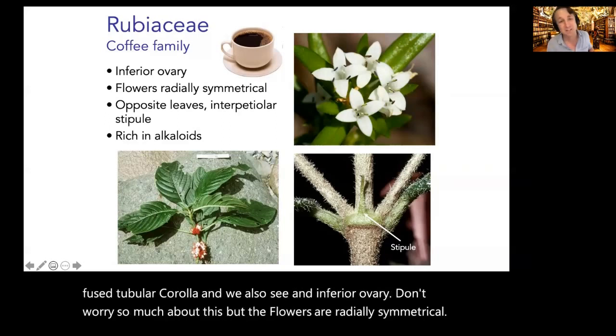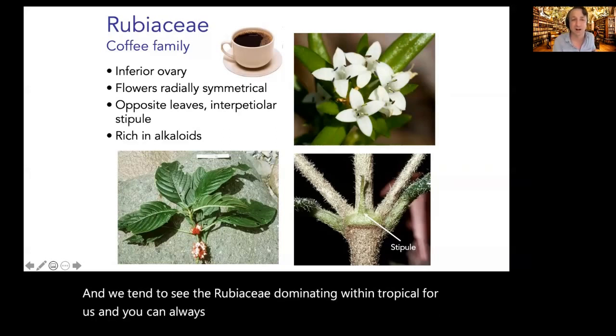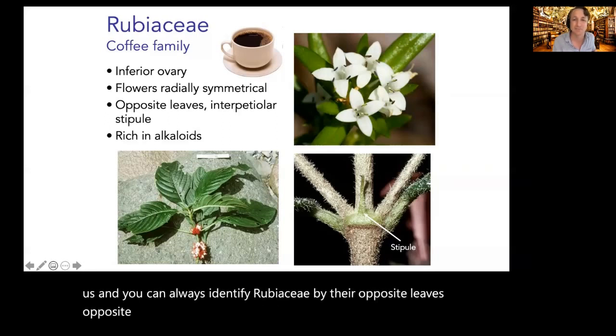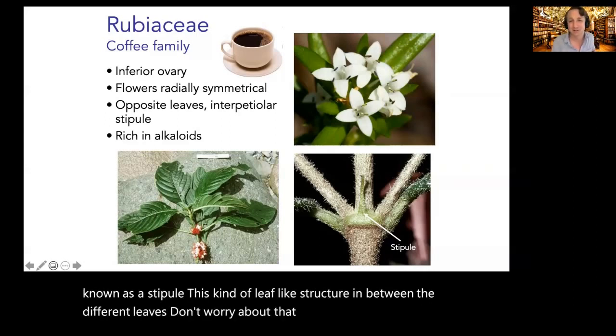We tend to see the Rubiaceae dominating within tropical forests. And you can always identify Rubiaceae by their opposite, simple leaves. They tend to have a structure known as a stipule, a leaf-like structure in between the different leaves.